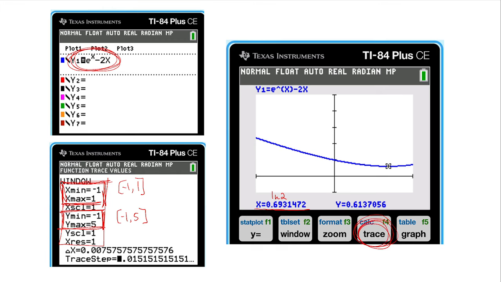I hit the trace button, and then at the bottom of the screen, I got the x equals. And then I typed in ln of 2, and then the calculator just rounded for me. I hit enter, and then it spit out this y value for me, which is exactly what I got when I plugged 2 minus 2 ln of 2 into my calculator.